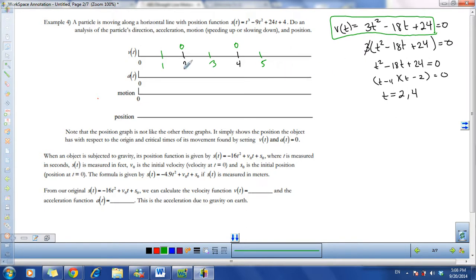So I evaluate velocity at 1, so v of 1 equals 3 times 1 squared minus 18 times 1 plus 24. And that's going to be 3 minus 18 plus 24. So that'll be a positive number.